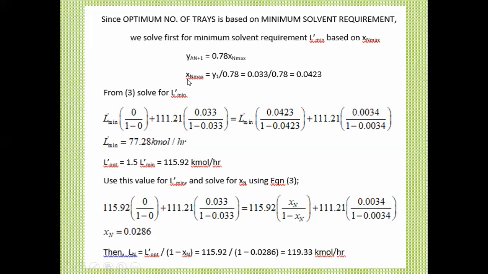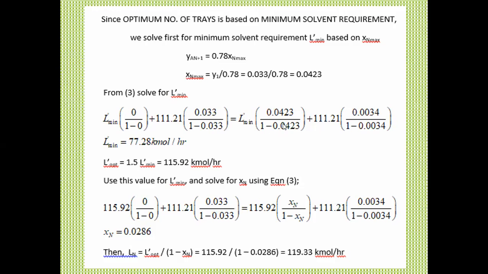What is this particular value telling you? That when you use this minimum amount of solvent, this is the maximum recovery. A representation of the maximum recovery of ethyl alcohol based on the concentration of ethyl alcohol in the solvent that leaves your column.